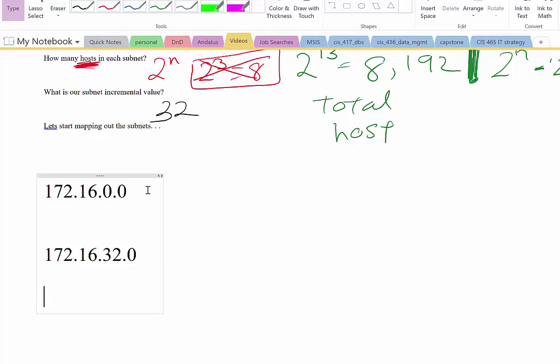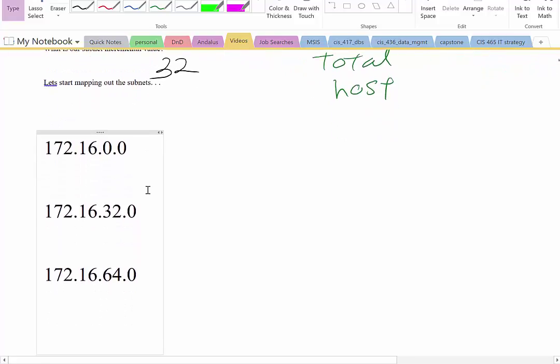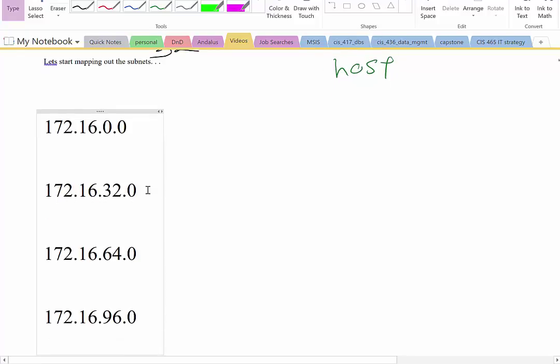All right, then we're going to do that all over again. 172.16.32 plus 32 is what? 64.0. And we'll do one more on this side. 172.16 plus 32 is 96.0. All right, so I'm going to continue on the right-hand side for you guys, so that way I can keep all of our subnets on one screen, so that's easy to see.